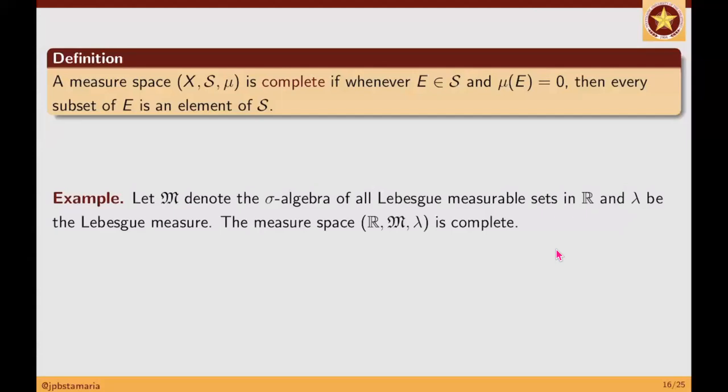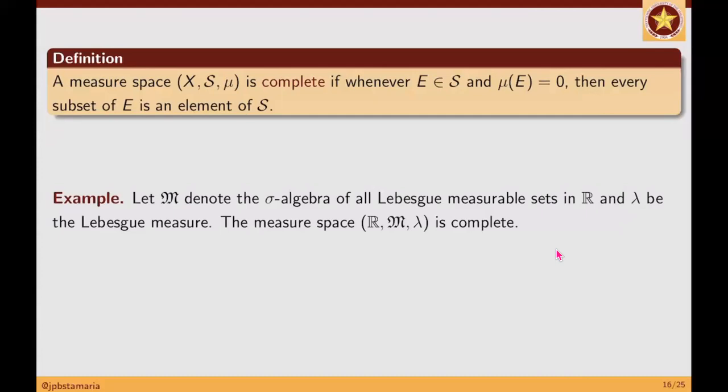Pagkatapos, dahil measurable siya, measure 0 siya, lahat ng subset nun, because it's smaller by monotonicity of lambda, lahat ng subset niya, 0 lang din ang measure. But sabi ko nga, under the Lebesgue measure, pag 0 ang measure, automatic measurable. Take note, that happens only in the Lebesgue space. In some other measure space, that might not be true.